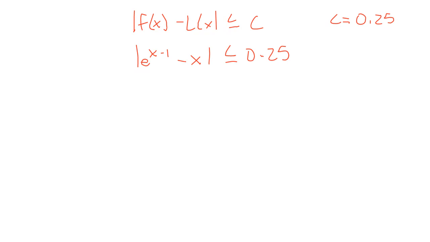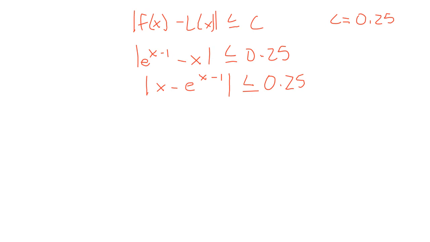Well, since we're taking the absolute value, we can move some things around. First of all, since this is an absolute value of a difference, we can switch these two values around, because once again, we're doing absolute value. The next thing we can do is split this up into more inequalities.